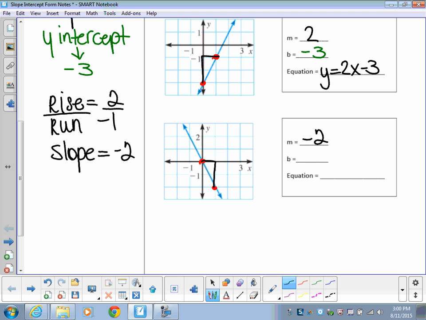Now I have to find my y-intercept. This particular problem is special because, as you can see, my line is going through my origin. Whenever your line is going through your origin, your y-intercept is always 0. So in this particular case, my y-intercept is 0.